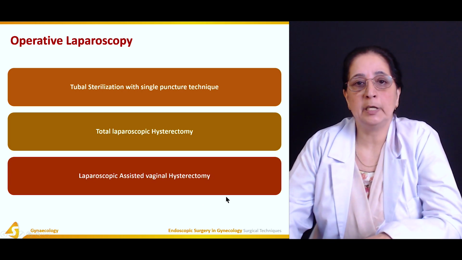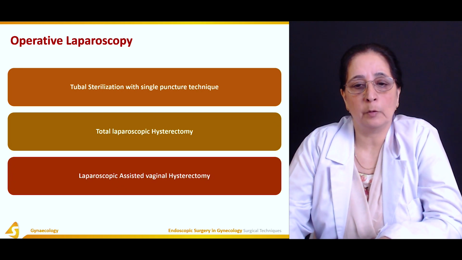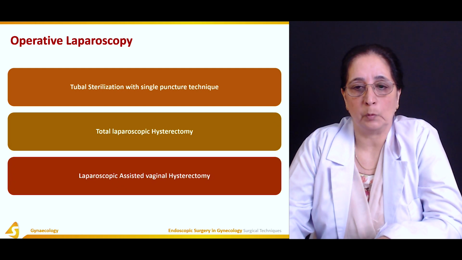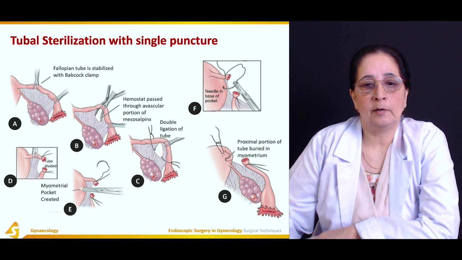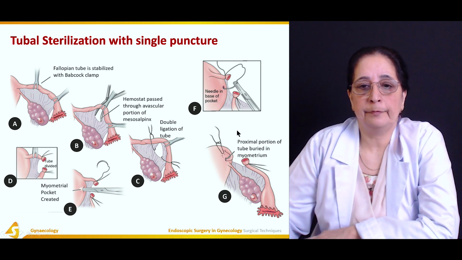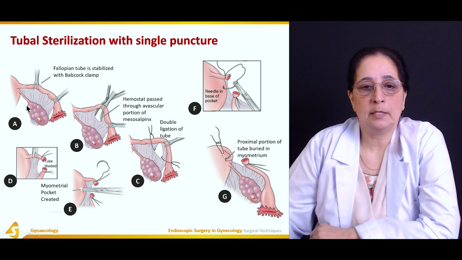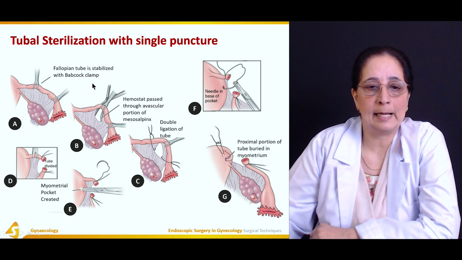So hysterectomy can be performed through the vagina or through the abdomen. So both can be performed by laparoscope. Now, tubal sterilization with single puncture. In this picture, if you see, the first step is the fallopian tube is stabilized with Babcock clamp.